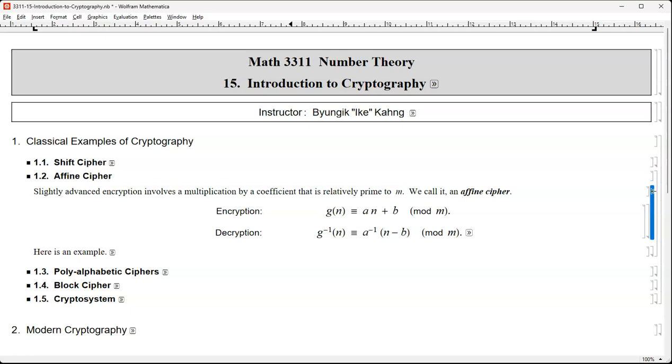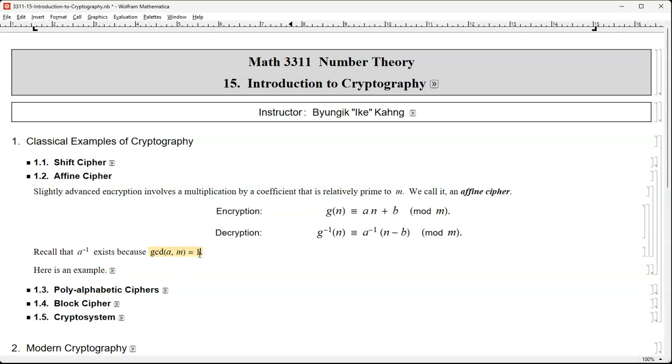Instead of just using plus K, here just plus B, we have multiplication as well, so that we have AN plus B. So the inverse map, or the decryption, is N minus B divided by A. And when can we divide? Of course, when A and M are relatively prime.